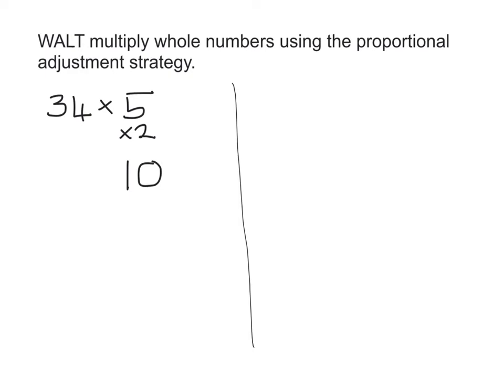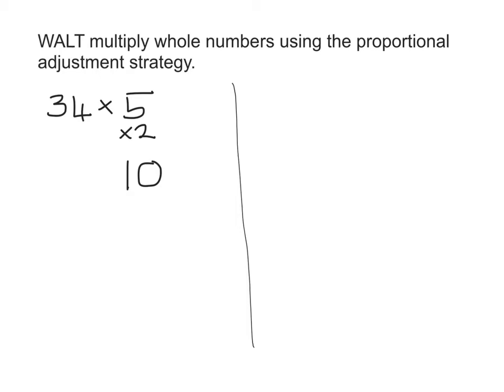So I have doubled my 5 to turn it into 10, but that means that if I multiply 34 times 10, I'm going to get double the answer, and so I have to make an adjustment to the remaining number, 34, to get the correct answer.